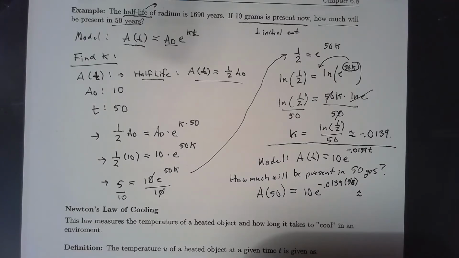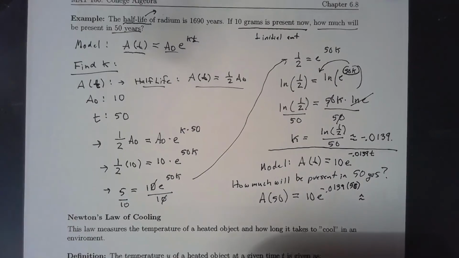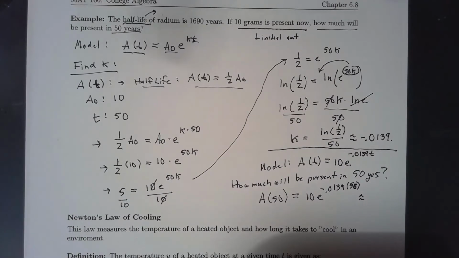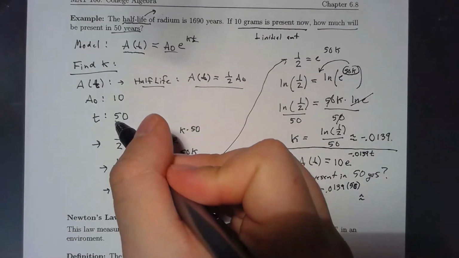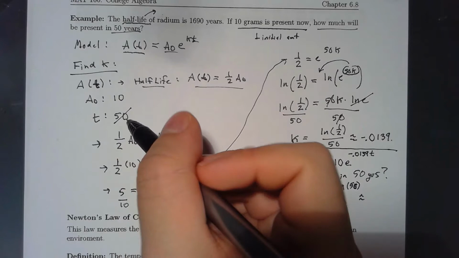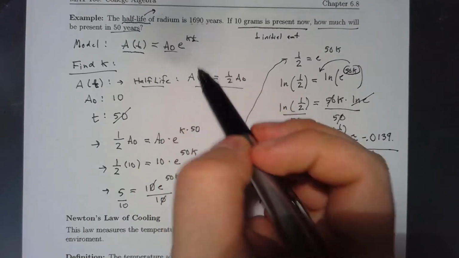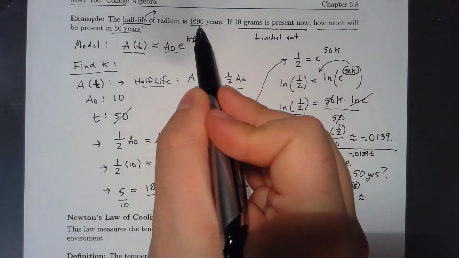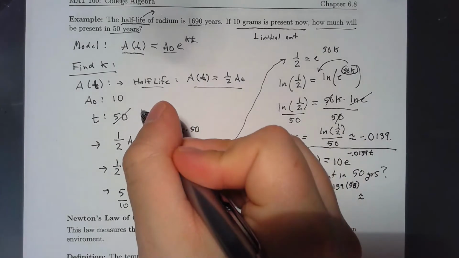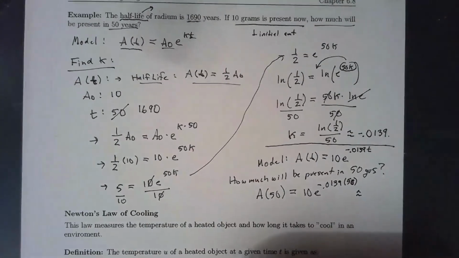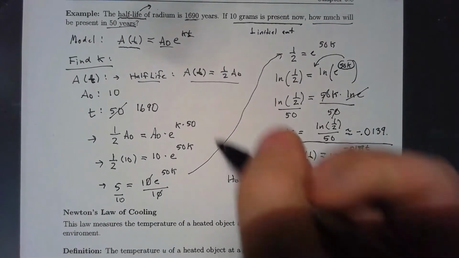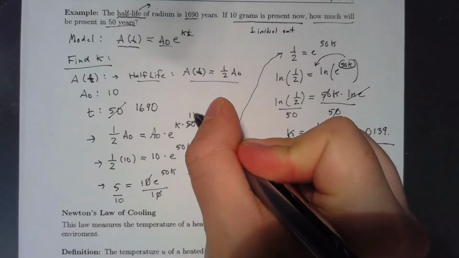You know what? I completely screwed this up. I used the wrong value here. I shouldn't have used t equals 50. I should have used 1,690. Oh dear. That's what happens when you do these videos at 1 a.m. This is supposed to be 1,690.